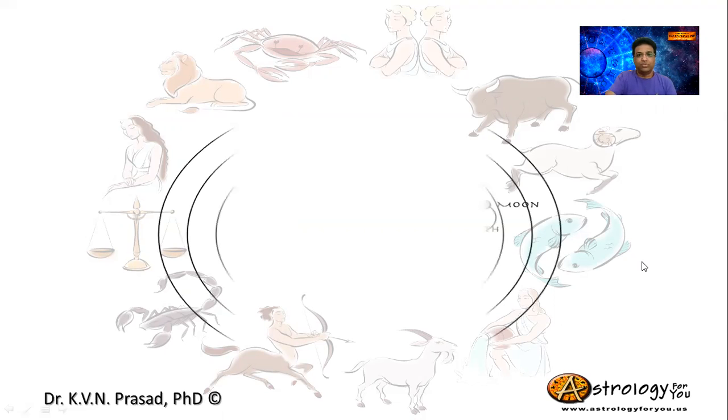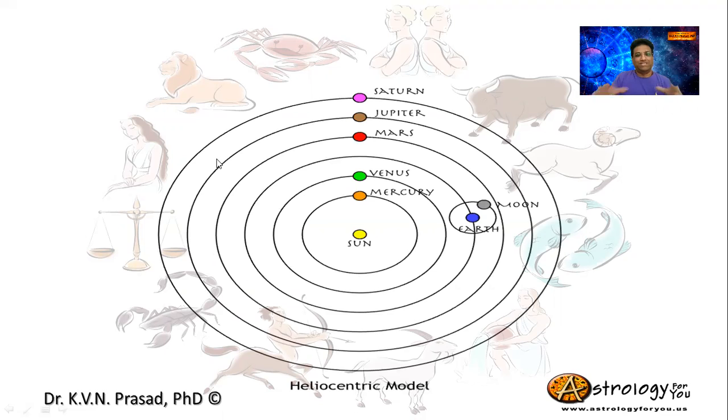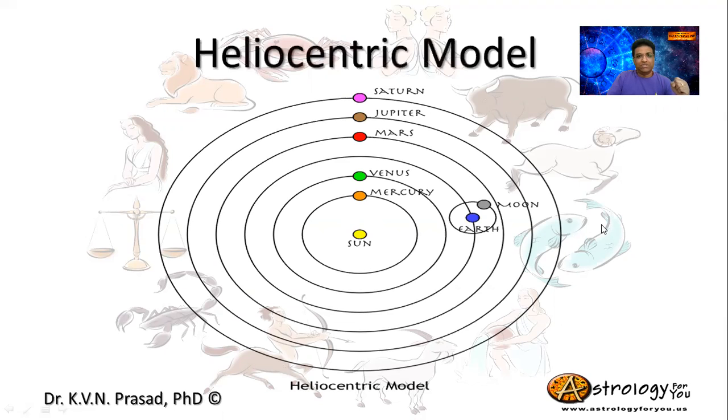And in this zodiac, our solar system exists, and these planets are revolving around the sun. What is it called? It is called the heliocentric model. All the planets revolve around the sun, and the sun doesn't move; it stays in the center.